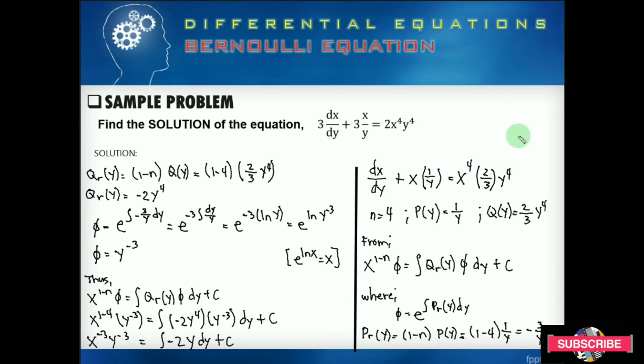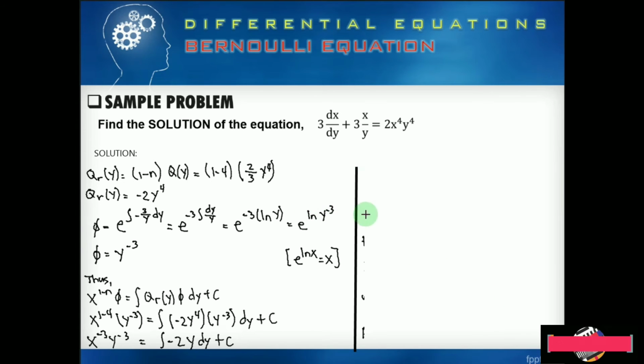So proceeding, no, sa ating calculation dito, okay, so magiging x raised to the negative 3 times y raised to the negative 3 is equal to, ipalabas natin yung constant, negative 2 integral of y dy plus c.